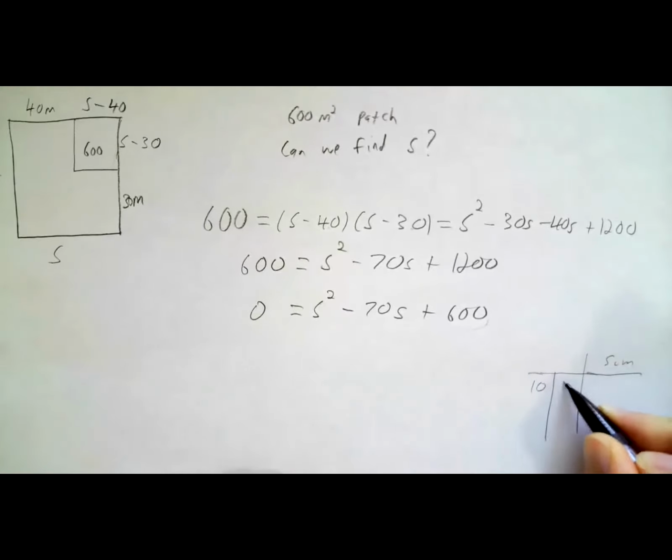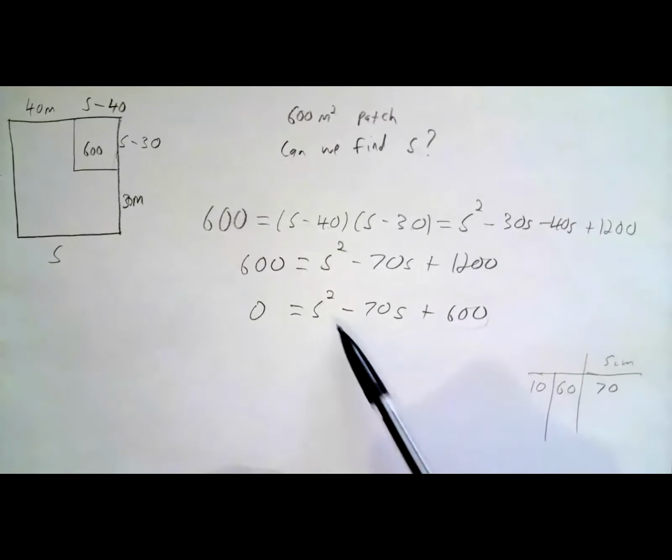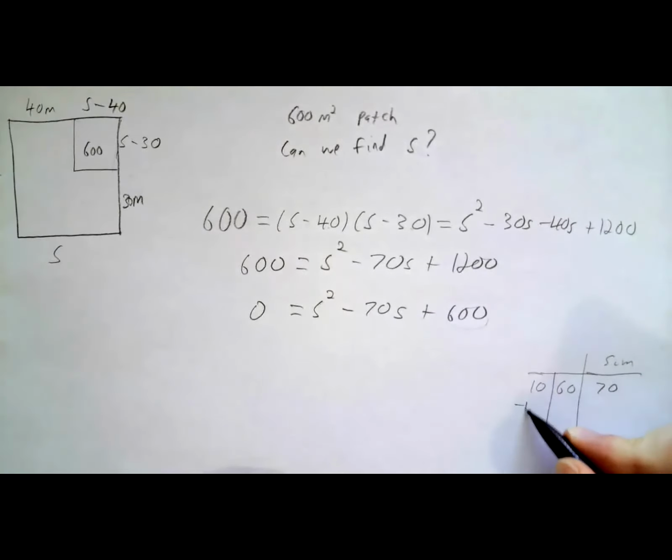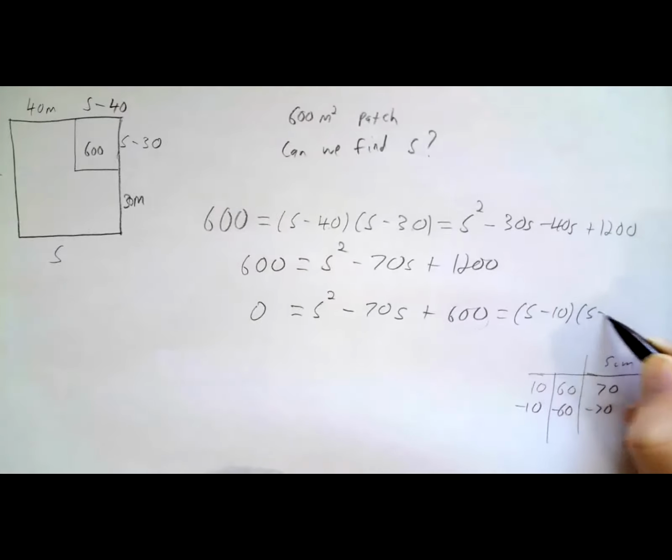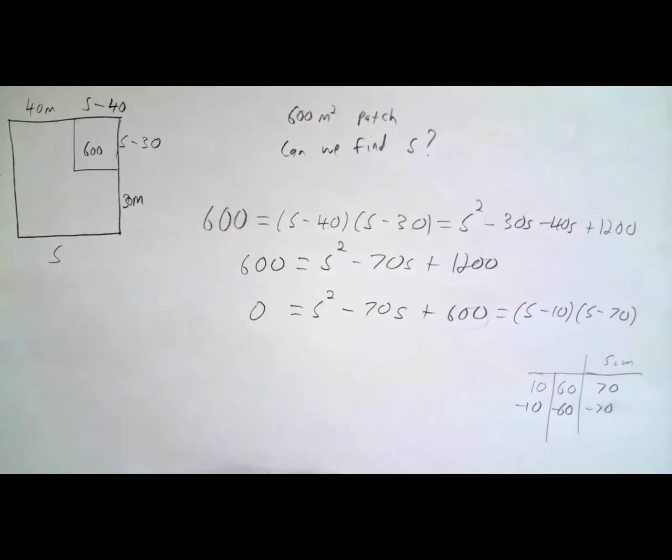Well, certainly 10 and 60. And that already adds up to 70, so I'm almost there. I want something to add up to negative 70, however, so I should pick negative 10 and negative 60. That'll add up to negative 70. So I can say that this is going to be S minus 10 times S minus 60.